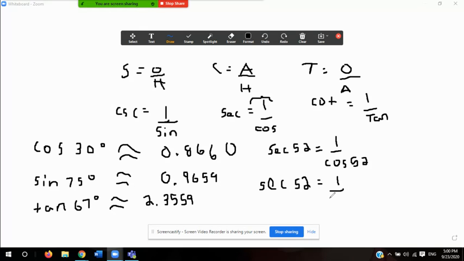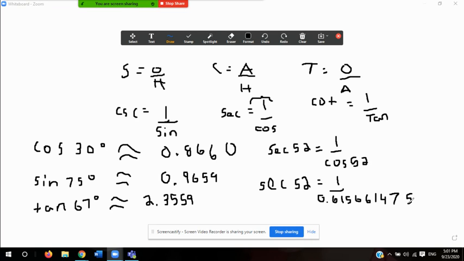The cosine of 52 is 0.615661475, and again, this is the exact value I get in my calculator.